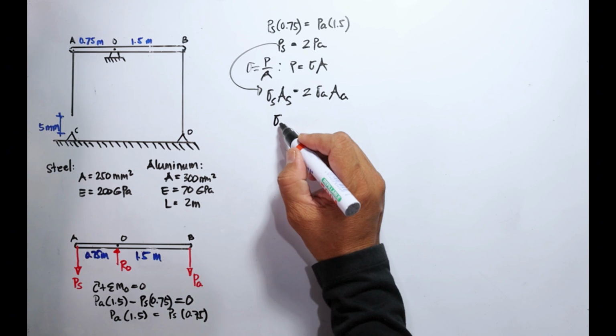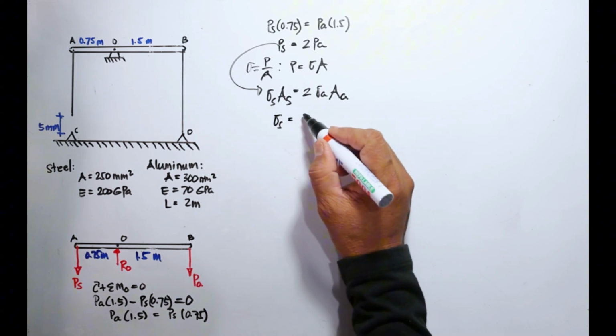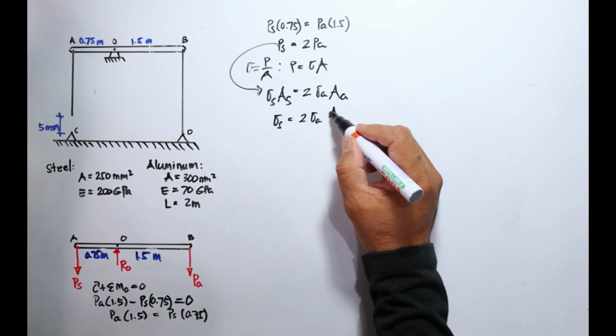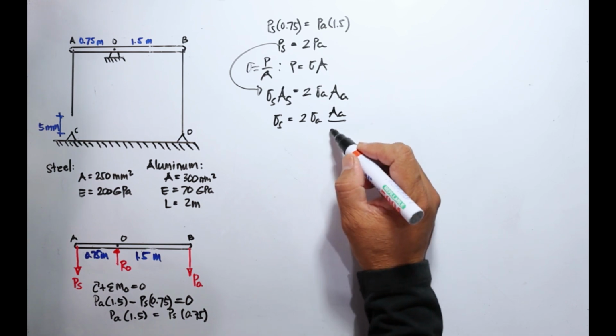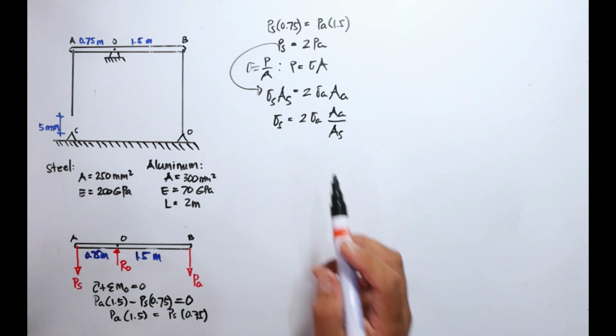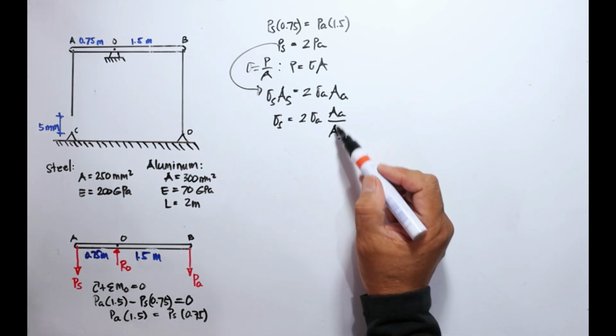Or the stress in the steel is 2 times the stress in the aluminum times area sub A over area sub S. Okay, so we have the values for the areas.